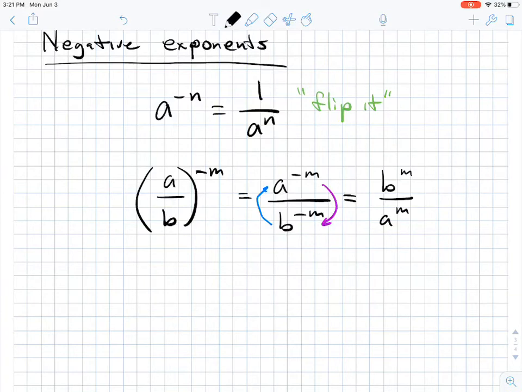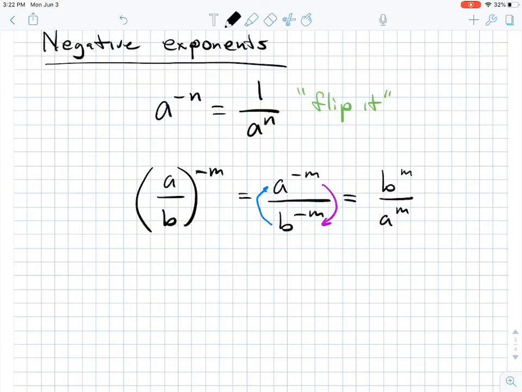And of course, anytime you deal with negative exponents and you do the reciprocal, you are making the exponents positive. I'm going to say that one more time. Anytime you're dealing with a negative exponent and you create the reciprocal, you are making that negative exponent positive.